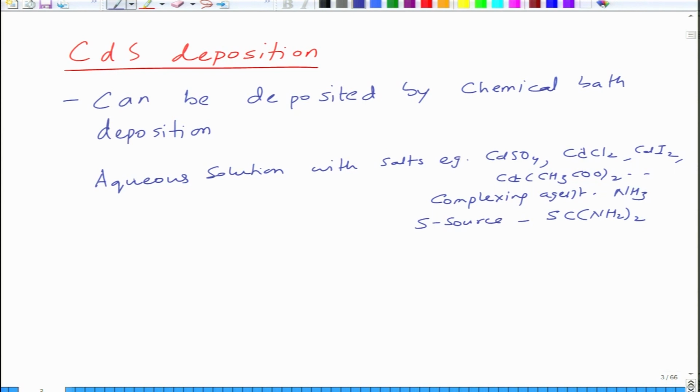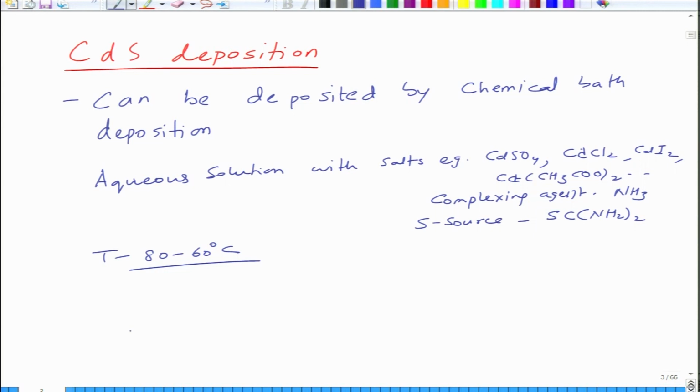These are stirred in a chamber, and you put a substrate there and deposit at a certain temperature, about 60 to 80 degrees centigrade. At this temperature the reaction occurs, and the reaction rate can be controlled by things like temperature and concentration of the salts, which you have to optimize, and this leads to deposition of cadmium sulphide.